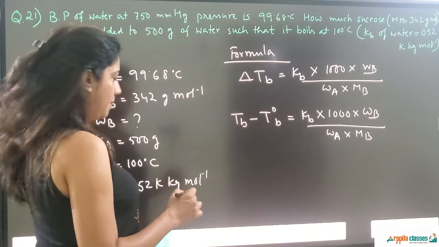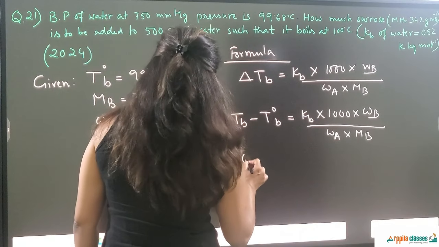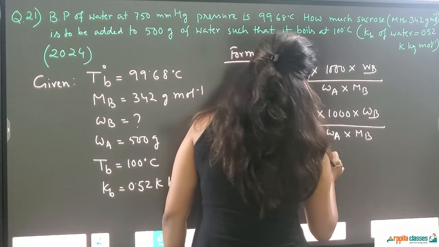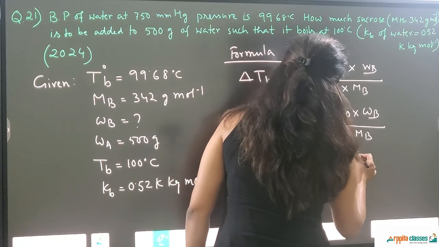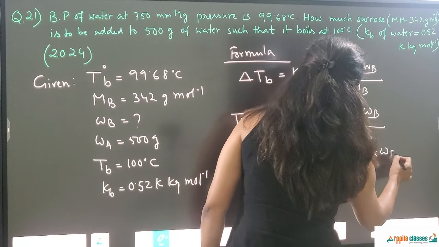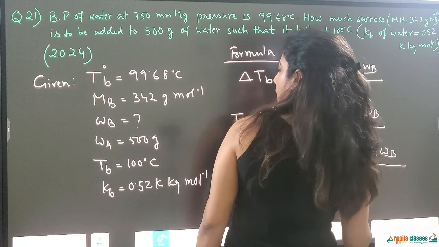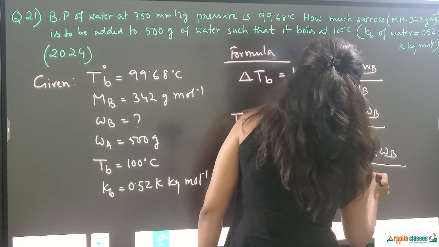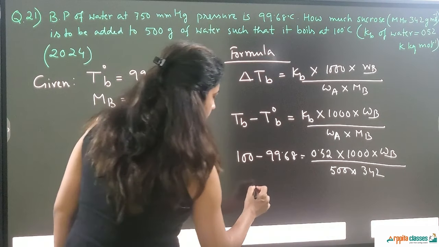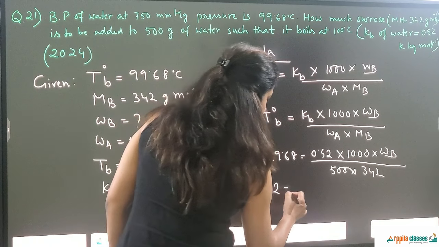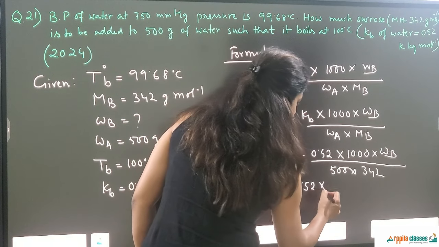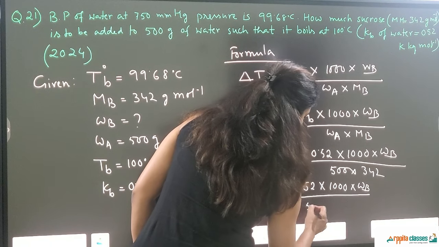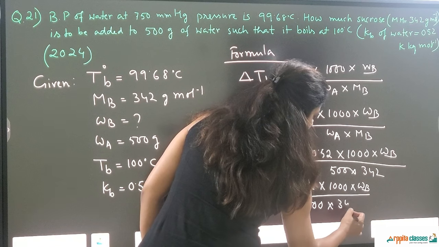Now here Tb is equal to 100, so 100 minus 99.68 is equal to 0.52, my Kb, into 1000 into Wb, which is asked, Wa is 500 and Mb, which is given, 342. So this is 0.32 is equal to 0.52 into 1000 into Wb divided by 500 into 342.